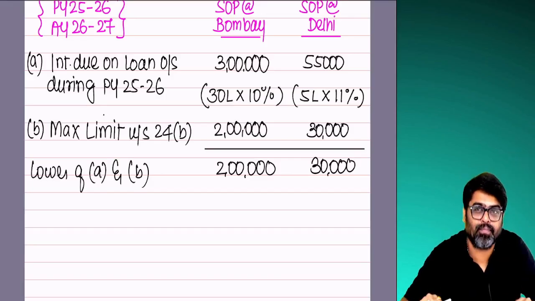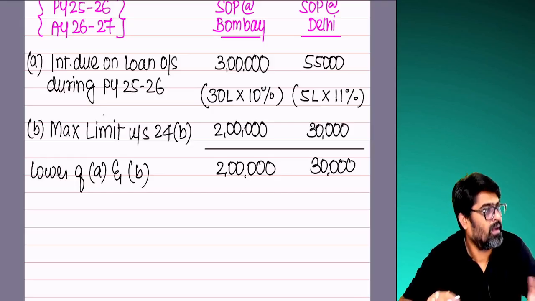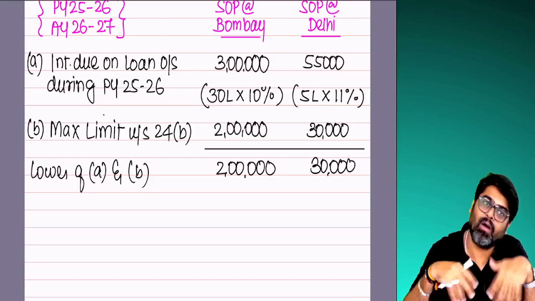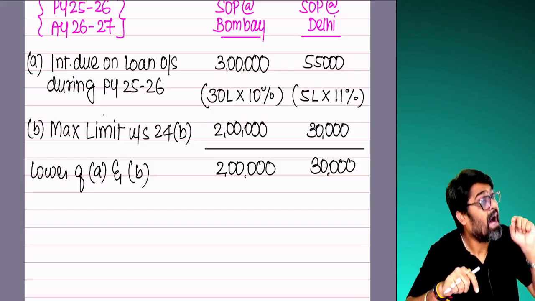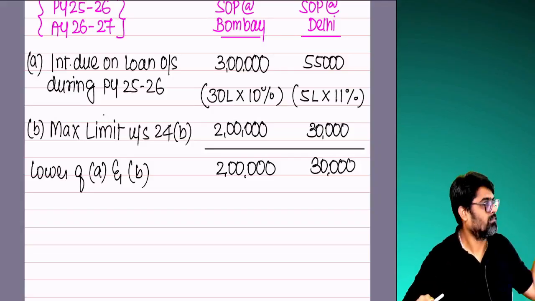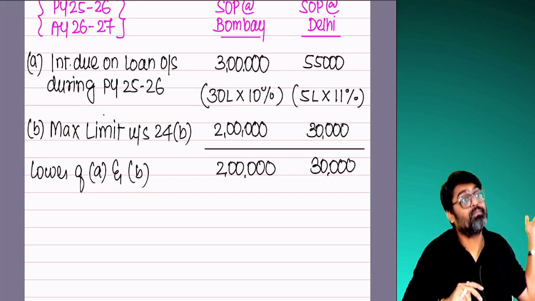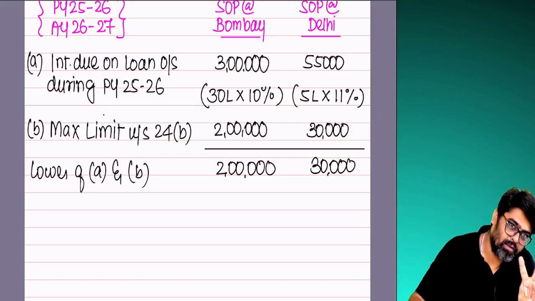So are you an assessee? Will you have one SOP? How much maximum interest can you claim? 2 lakh. Can you have 2 SOPs? So for both these SOPs taken together, how much interest can you claim? 2 lakhs. 2 lakh 30, or maximum 2 lakhs.